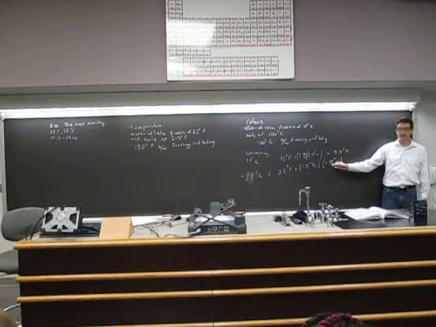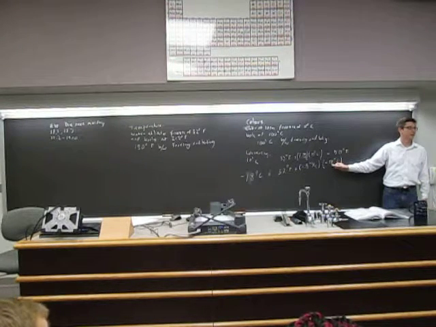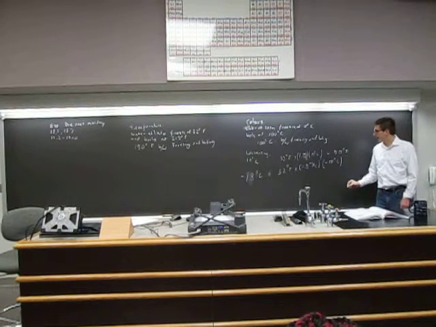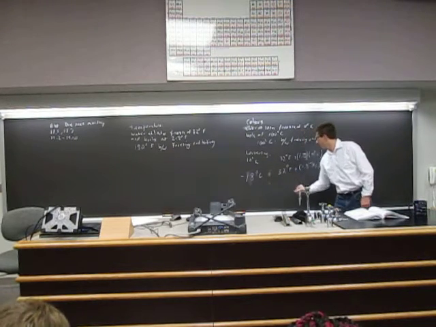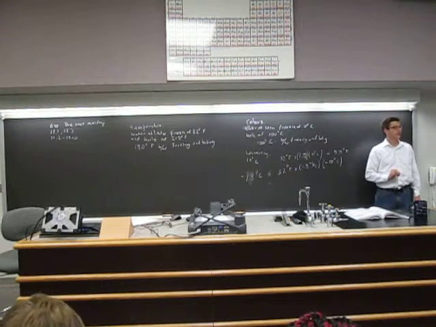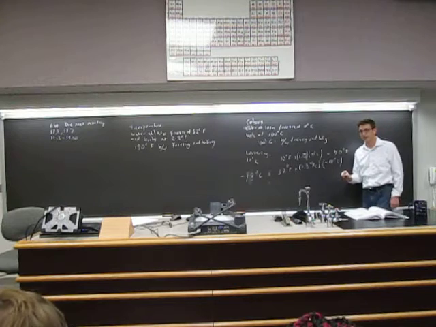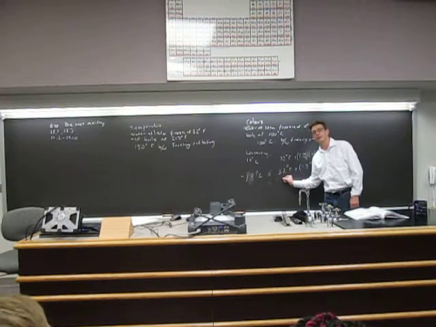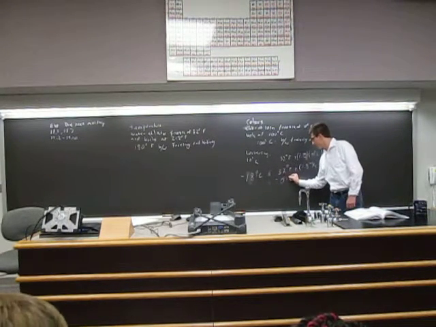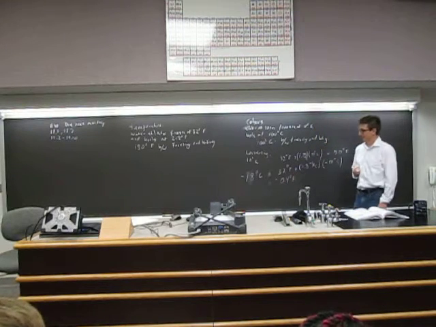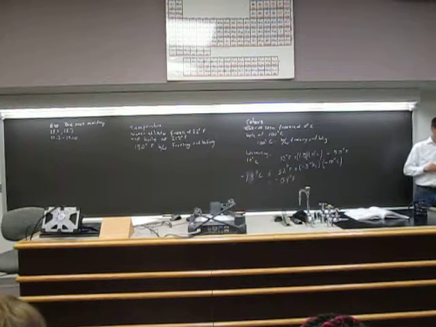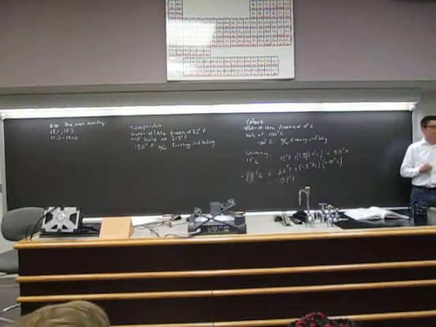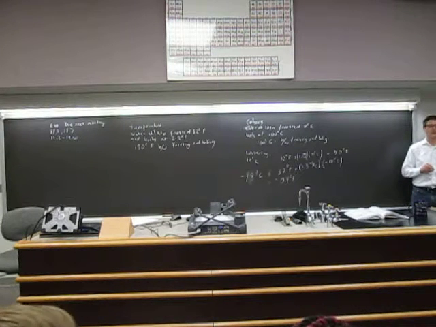You just put in whatever the temperature in Celsius was. All right, so what was that? Negative 0.4. Good. Everyone see how to do that?